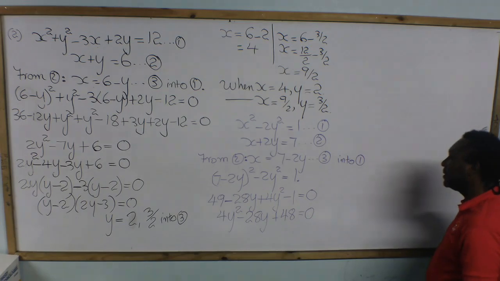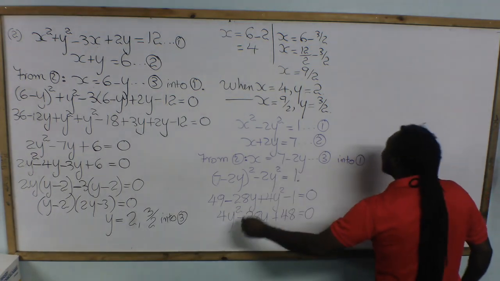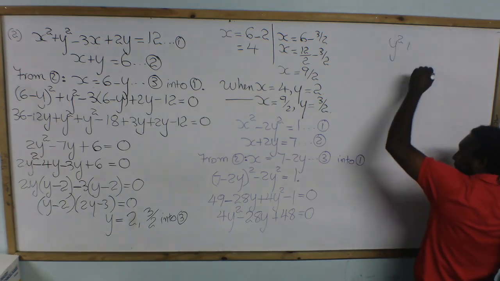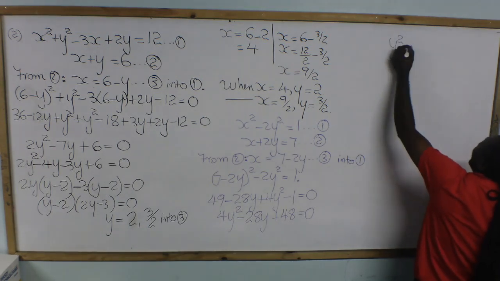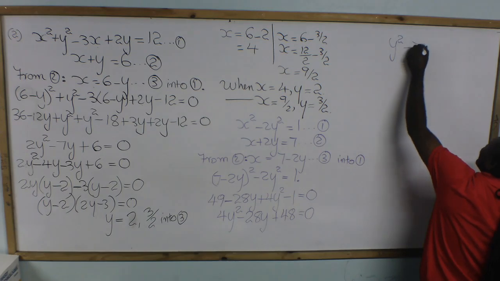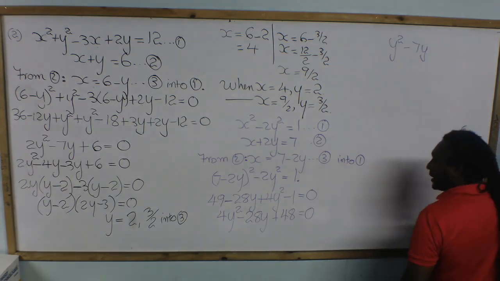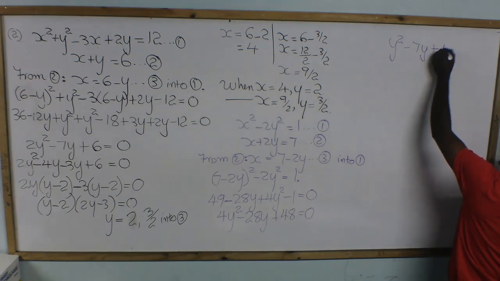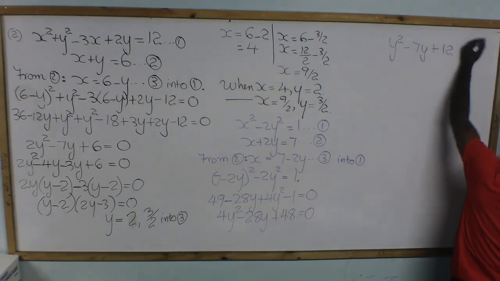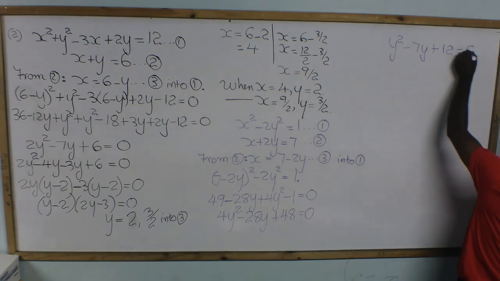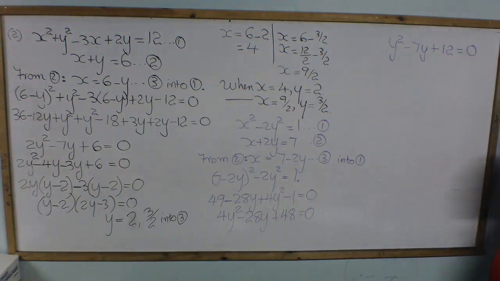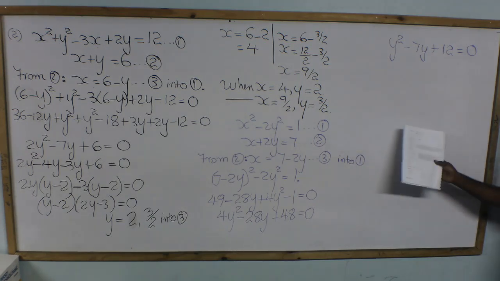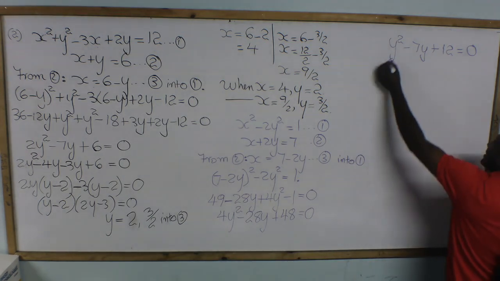Dividing by a common factor of 4: 4 into y squared, 4 into 28y, 4 into 48, 4 into 0. You said that already for this one, so we can put the two factors down immediately.